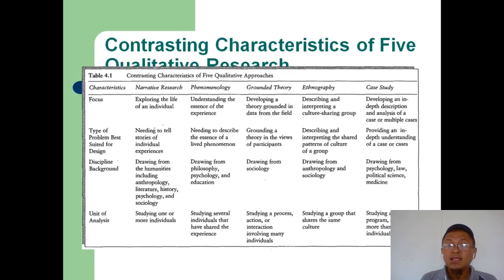Okay, the next type of research in qualitative is grounded theory. So developing a theory grounded in data from the field. So this type of study is not driven by any, sorry, you cannot use any theory as a lens.